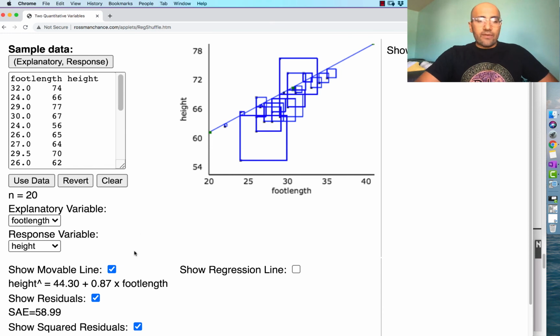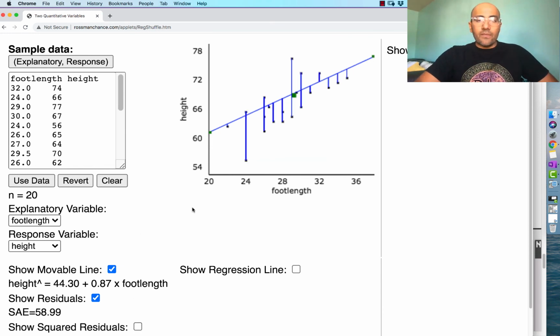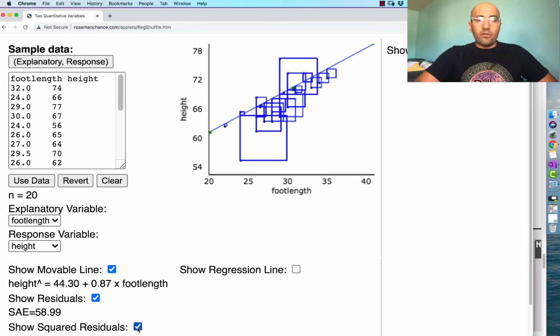So the benefit is that before you square them, some of them are positive, some of them are negative. But if you square them all, they're all positives, right? So now what we're doing is adding up areas. The area of all of these squares, the sum of the squared residuals, is the value that we're going to use to judge the quality of that estimation.